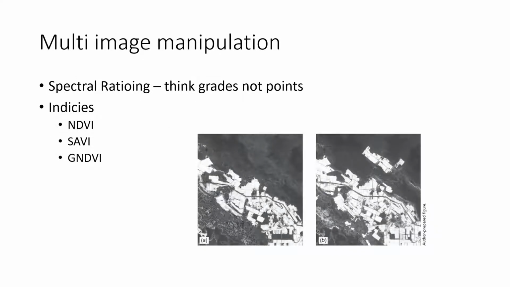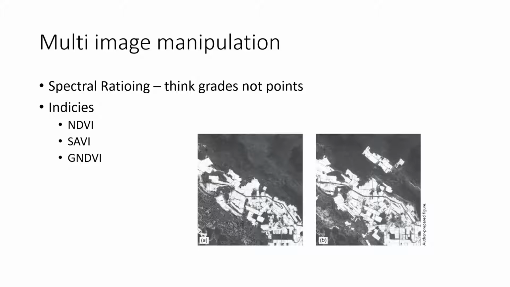Multi-image manipulation. Spatial ratioing is a way of doing this. I read somewhere once to think of it as grades, not points. It doesn't matter what your value is from image to image.